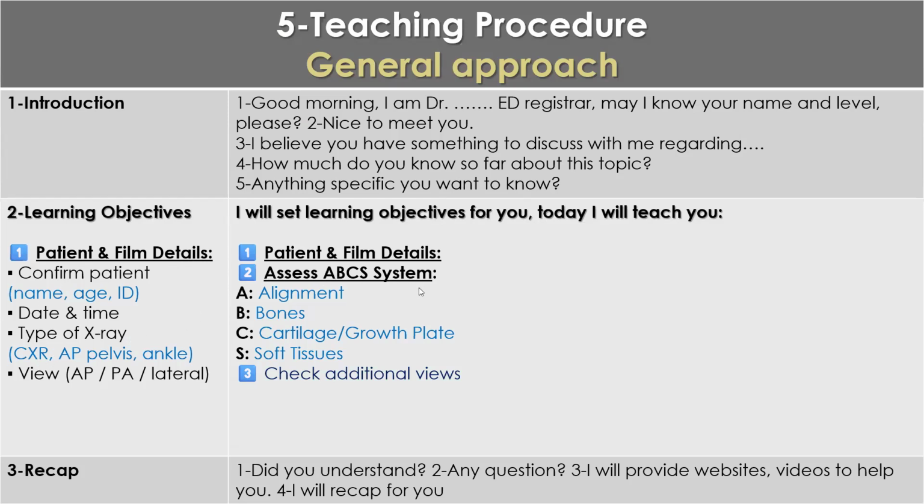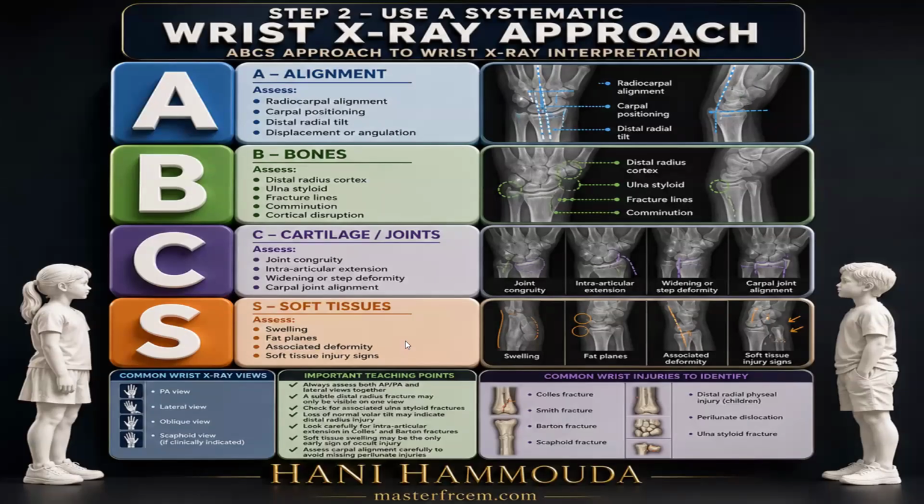Assess ABCS, any bone problem. If in the exam you find, for example, an ankle, explain the ankle X-ray the same way. Patient and film details, then assess ABCS: alignment, bones, cartilage, and soft tissue. Check additional views.